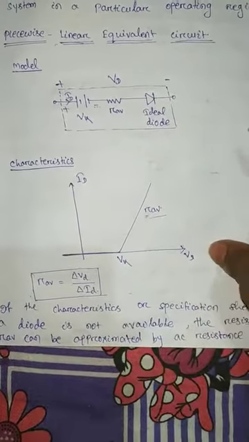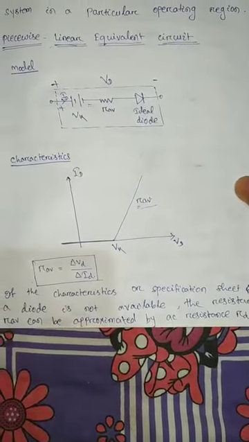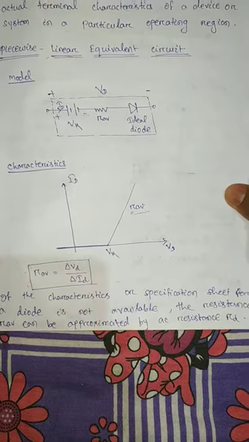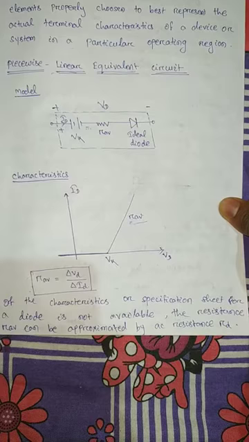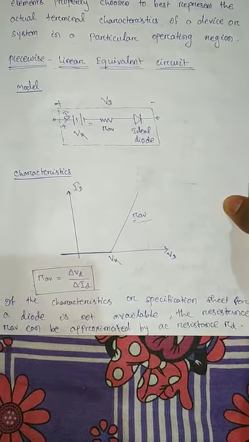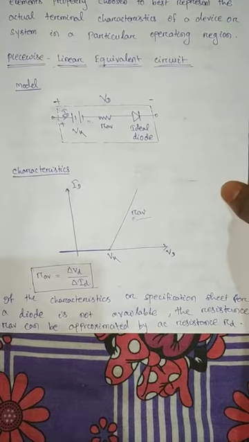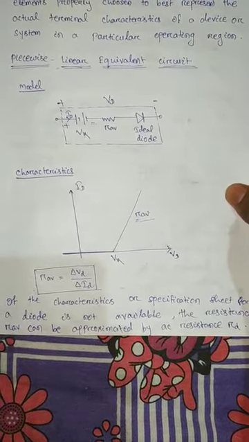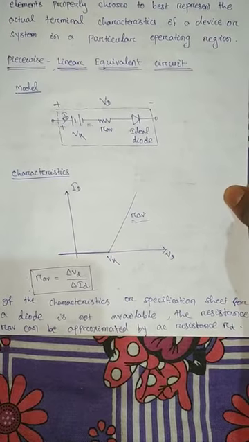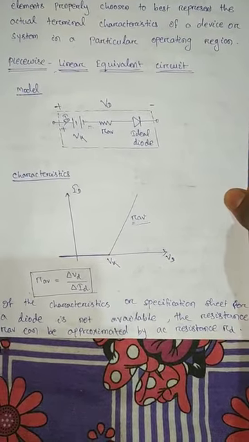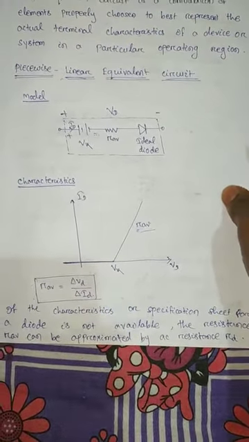If the specification sheet of a diode does not give the average resistance Rav, we can approximate it by the AC resistance of the diode, Rd.